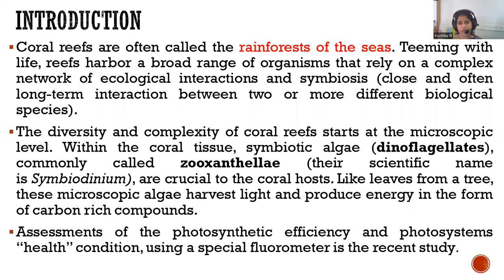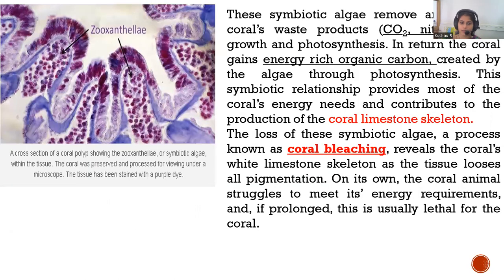Coral reefs are seen in the rainforests of the seas, where they are not restricted to symbiotic association with zooxanthellae, but symbiotic association with dinoflagellates is also witnessed. This photosynthetic exchange or mutualism is assayed in recent studies using an instrumental analysis called a fluorometer.